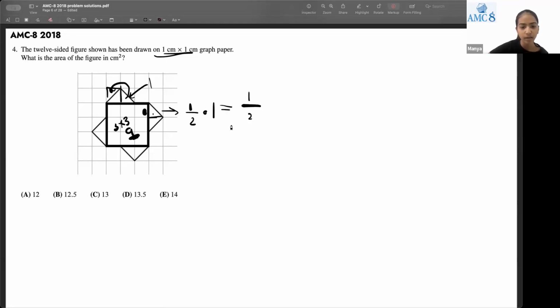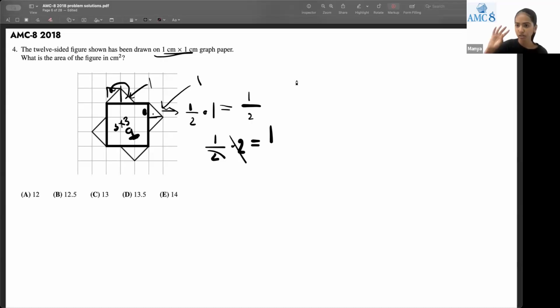Then we need to do 1 half times 2, since there are 2 triangles, not 1. If we do 1 half times 2, we cancel out the division and the multiplication, and we get 1. So once again, we just proved why one of the triangles is equal to 1.